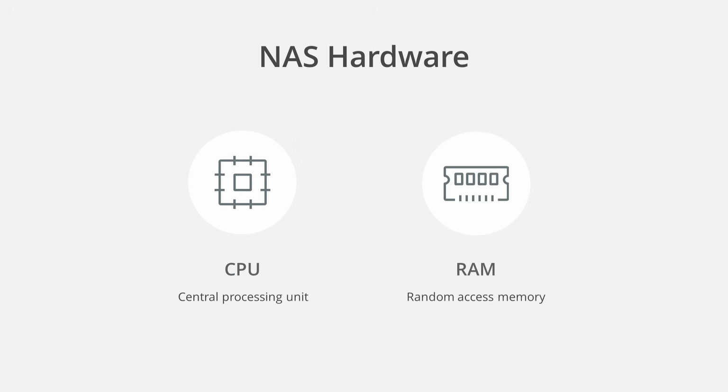So we understand how much data we have and how many hard drives we need to set up a RAID. Now we need to understand how powerful our NAS needs to be to perform our desired tasks. Now the power of your NAS, which affects the responsiveness and workload capabilities, is largely contributed to 2 pieces of hardware. Your CPU, which can be thought of as like the brain of your NAS, and the RAM, which is kind of like its short-term memory.